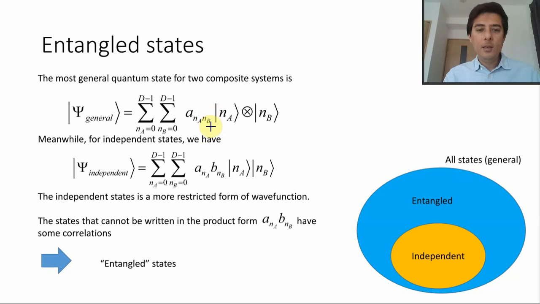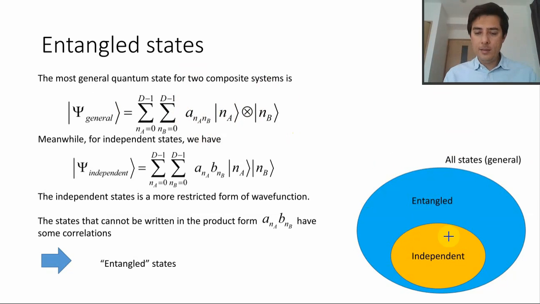It's possible to take this more general form as an independent state, but you cannot choose these coefficients in a way such as to make any possible state. So in terms of a Venn diagram, this general state has a wider variety of states that it can denote than the independent states, which are more specialized, right?